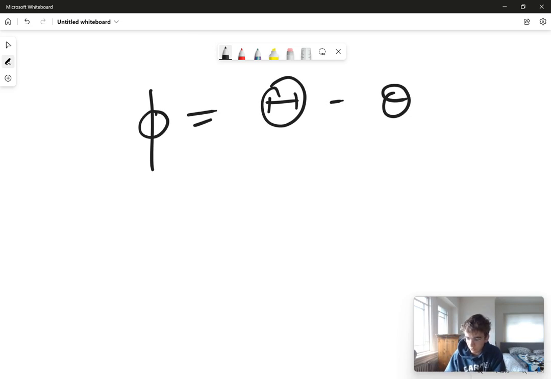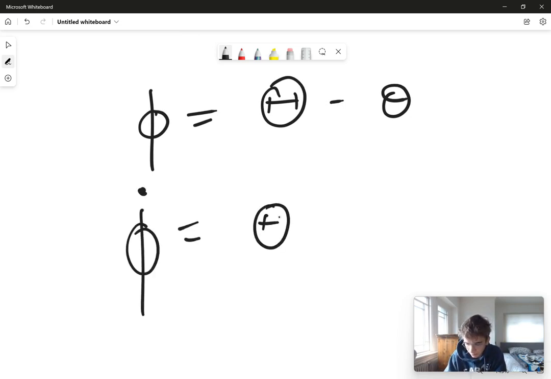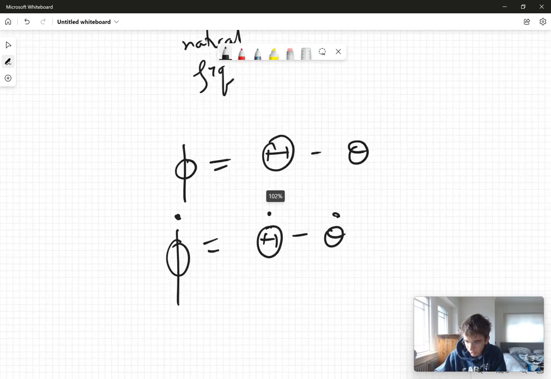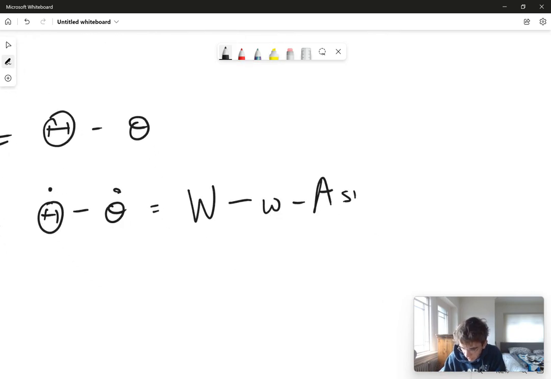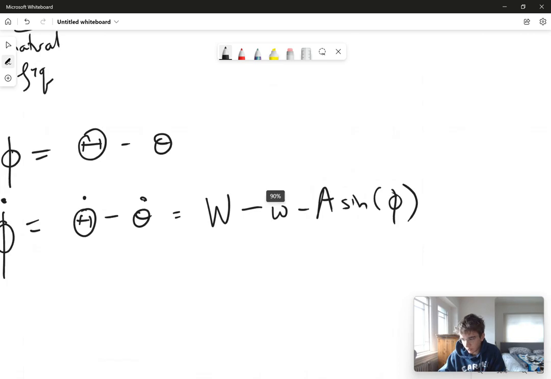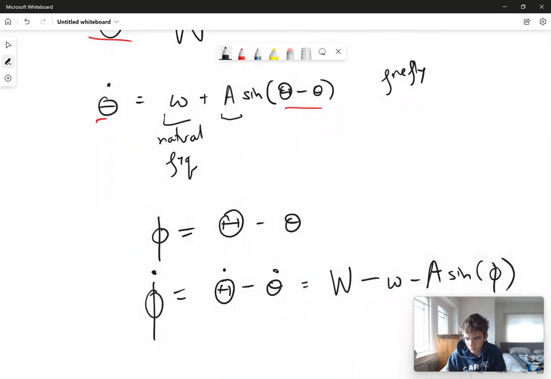To formulate this differential equation, I'm simply going to take the derivative of both sides. Plugging in our values, we have capital omega minus little omega minus A sine of phi. And it's nice that we're able to get this entirely in terms of phi. Otherwise, this would be really gross to deal with.